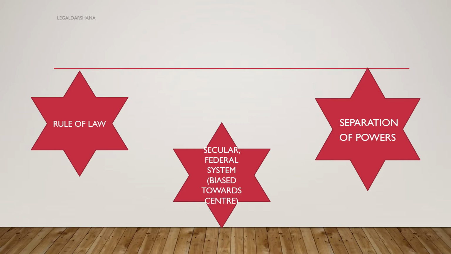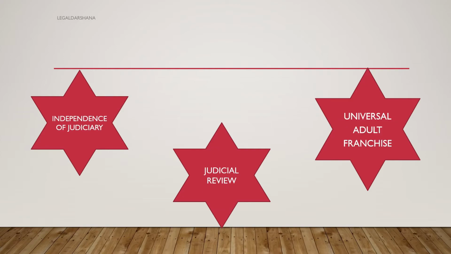The Indian Constitution is enriched with the principle of separation of powers, that is, the executive, legislature and the judiciary work together horizontally but separately. They are the three pillars of our democracy and they play their own role. The judiciary is independent in our country.